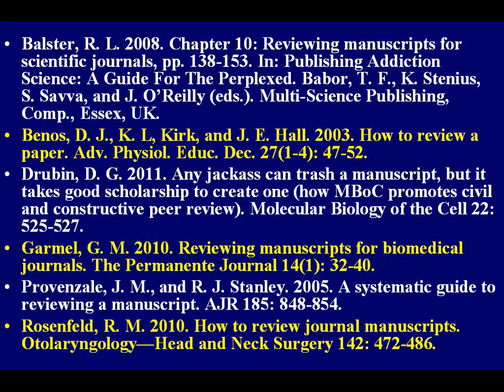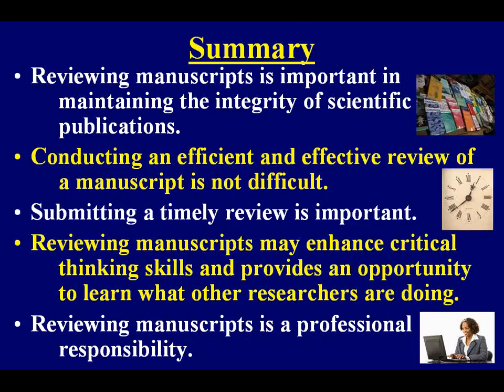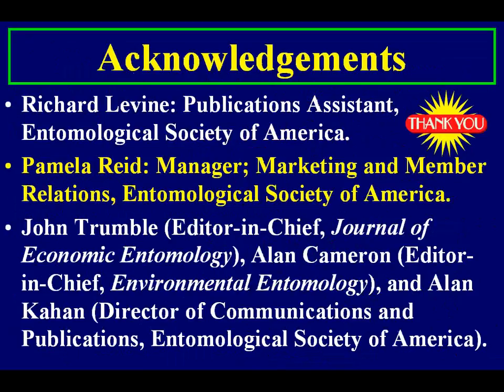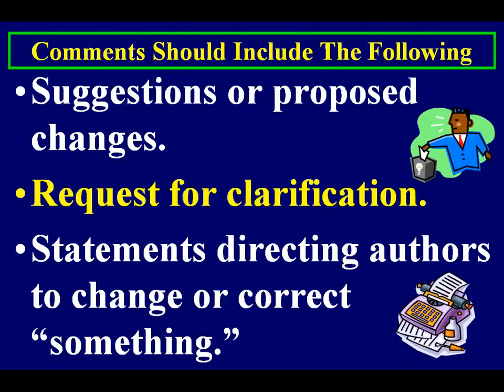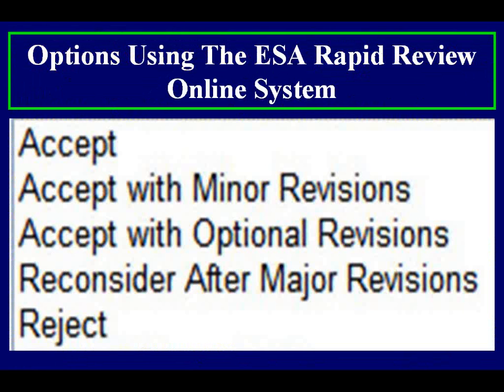Great. What would you qualify as major versus minor revisions, and can you give some examples? Okay, let me go back to this. That's a good question. Minor revisions would be ones where it's either grammatical or there needs to be some clarification. For example, if the reviewer cannot understand a certain step or process in the materials and methods, that would be one.